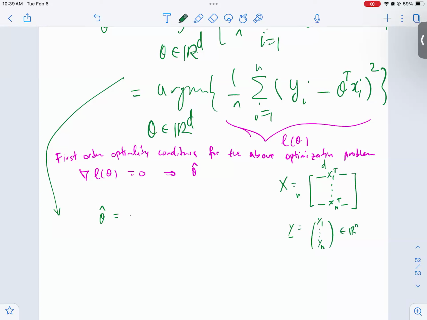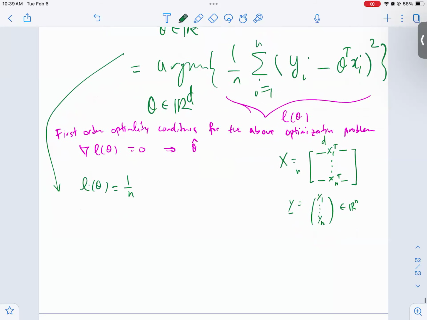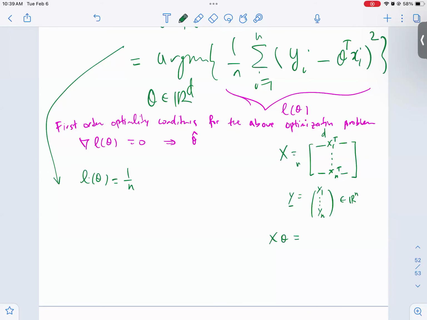Then I can write the loss. This loss function is really nothing but 1 over n. Does anyone know what the loss function would look like in this notation, with a design matrix n by d and y like that? It will be x times theta.